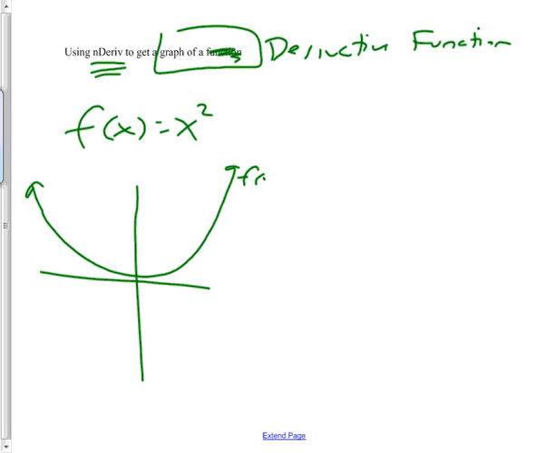Here's f of x. And in a previous class, we showed in a number of different ways that the derivative function equals 2x. So here would be my derivative function of 2x.